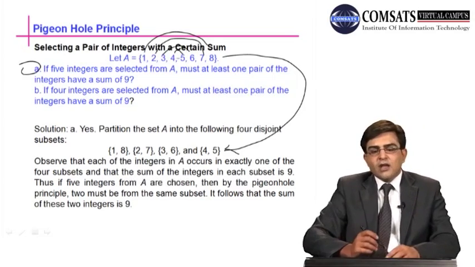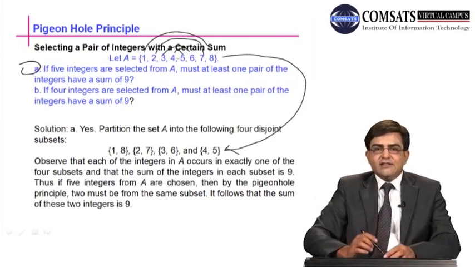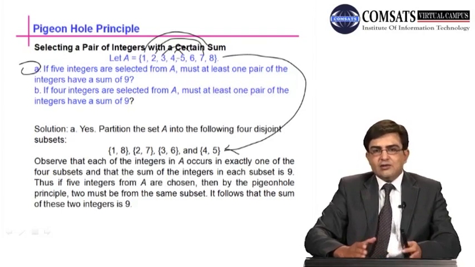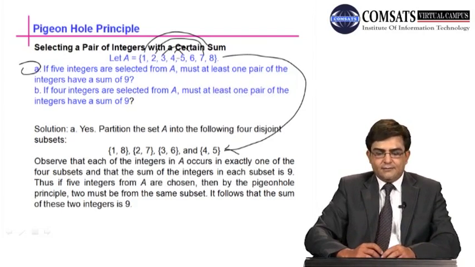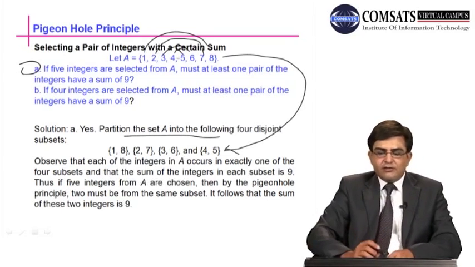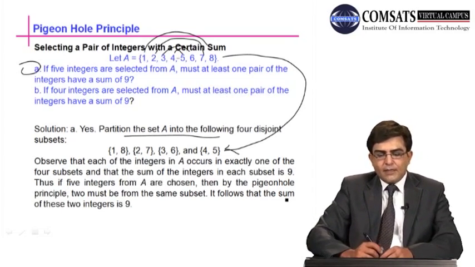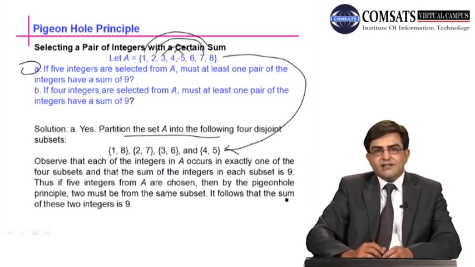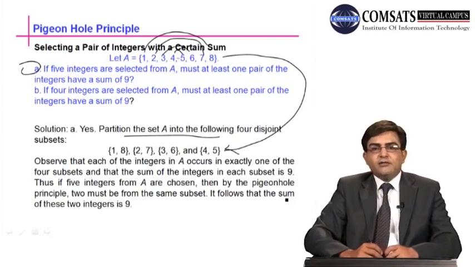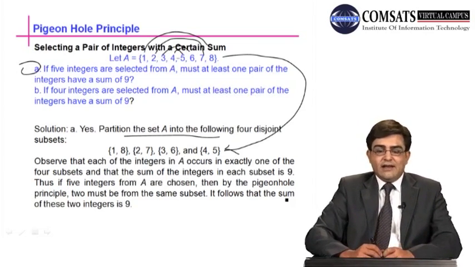This is how we divided this set into a partition, that is, into subsets which are mutually disjoint, meaning any two subsets have empty intersection. So partition the set A into the following 4 disjoint subsets. Now observe that each of the integers in A occurs in exactly one of the 4 subsets, and that the sum of the integers in each subset is 9.